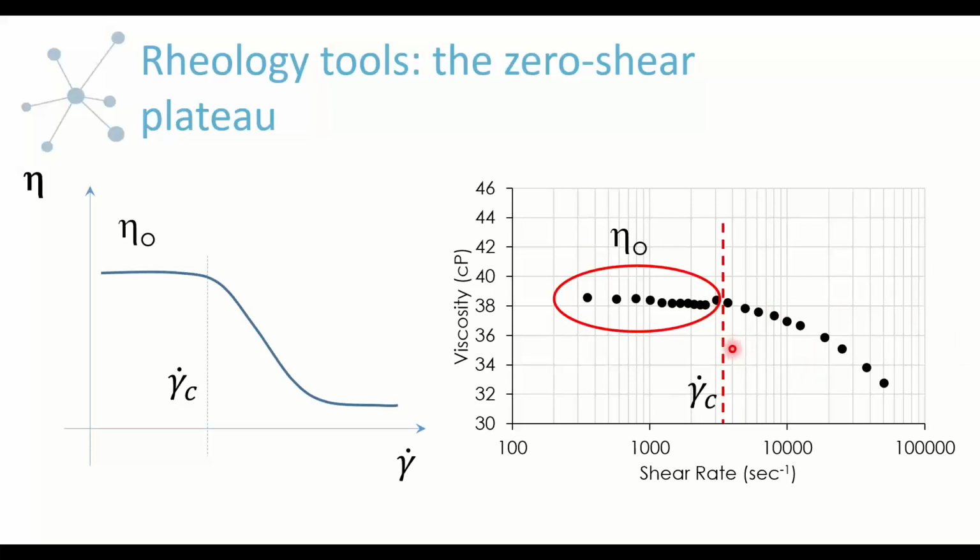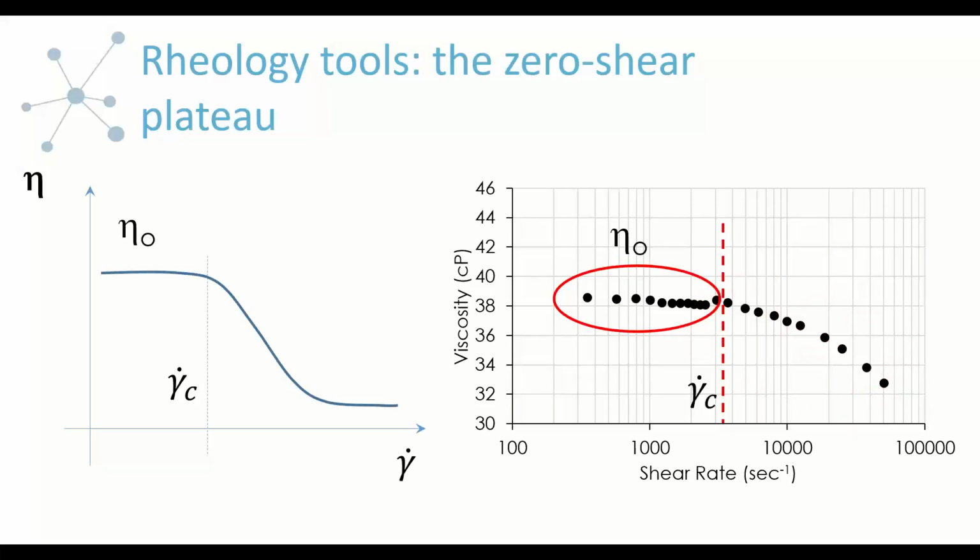And so next we have this onset of shear thinning at a critical shear rate, which is the onset of non-Newtonian behavior where viscosity is dependent upon shear rate. And this is the power law regime. We observe this in our experimental data with bovine gamma globulin.